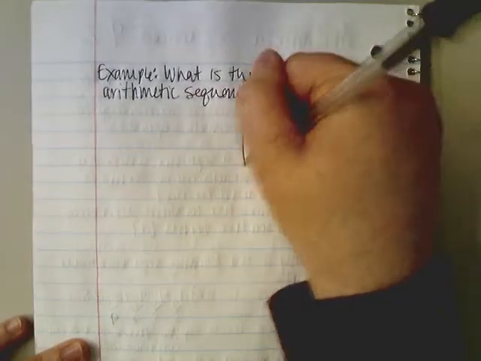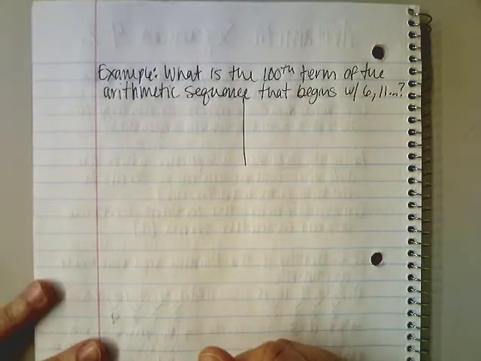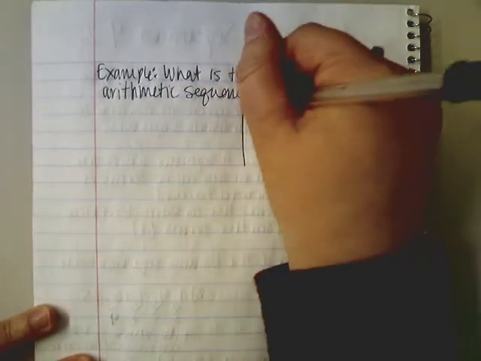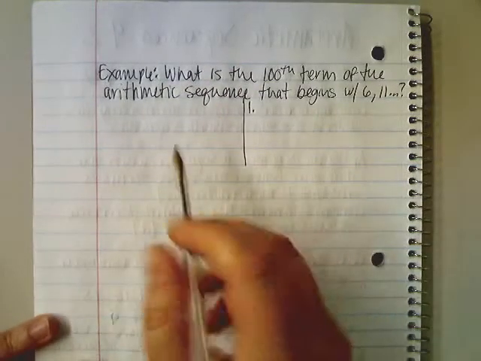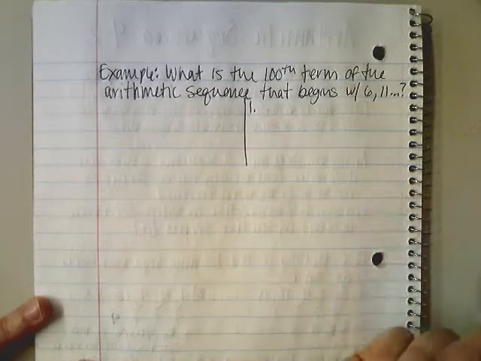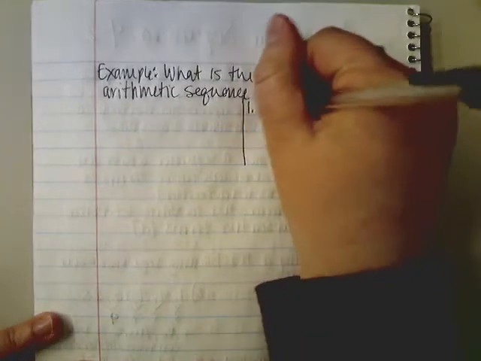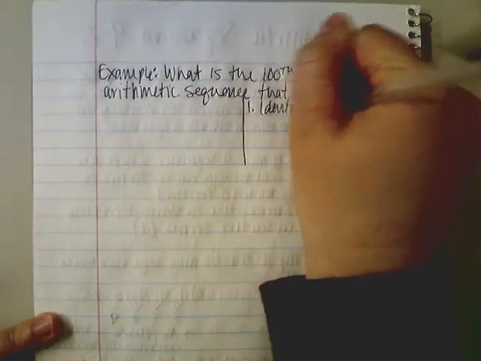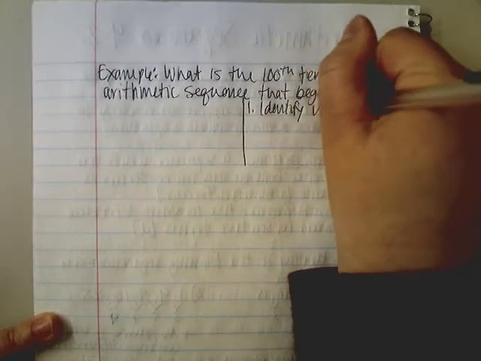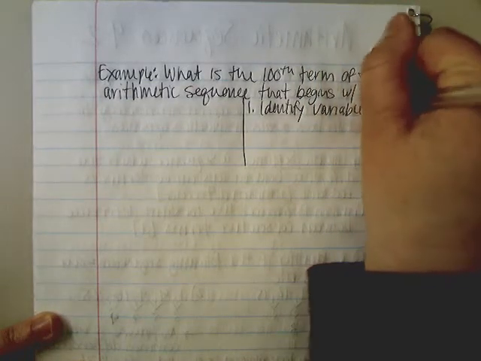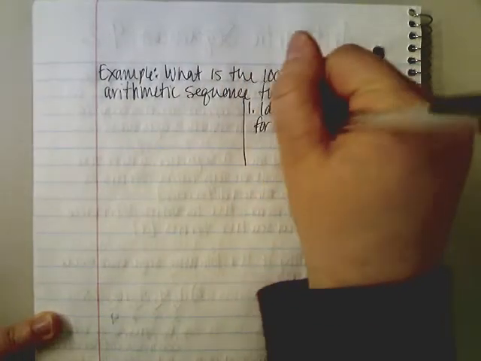Okay, so let's write out our steps here. First thing I want to do is identify the variable values that I know from my explicit formula. So identify variable values for the explicit formula.